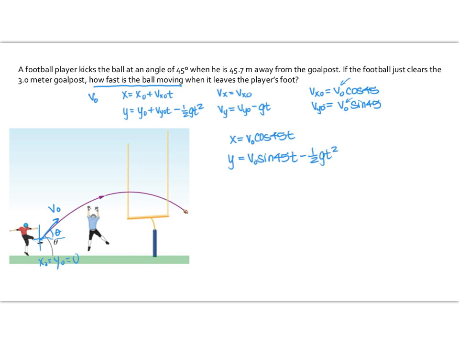So I'm left with these expressions for x and y now that I've substituted in the values for the initial x velocity and the initial y velocity, and our initial x and y positions.